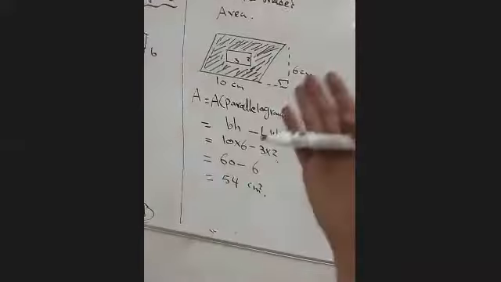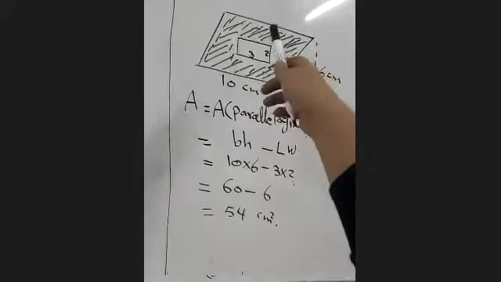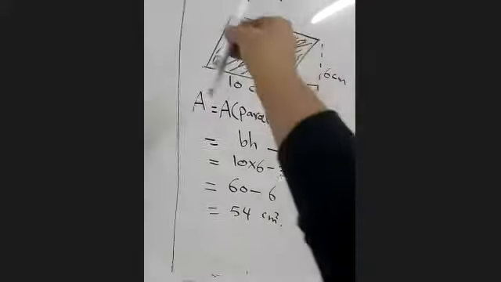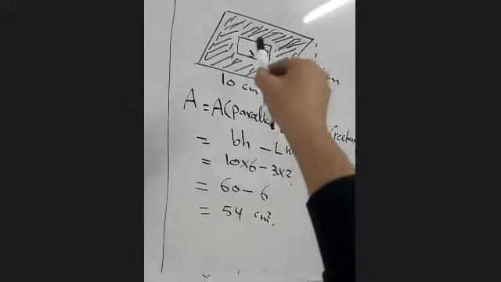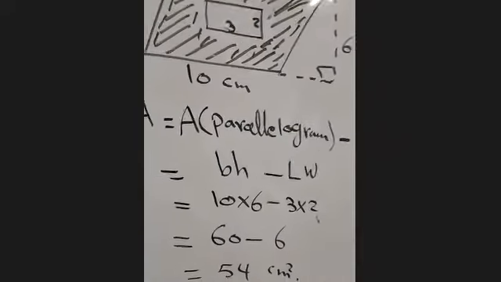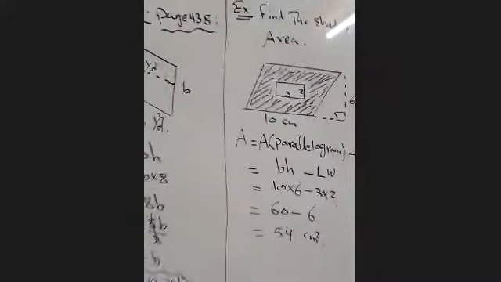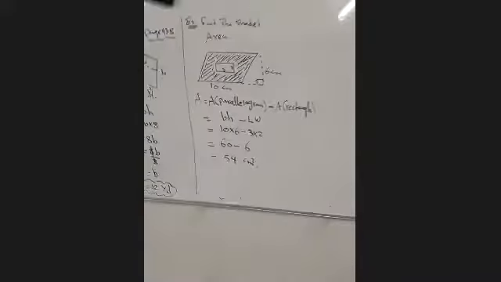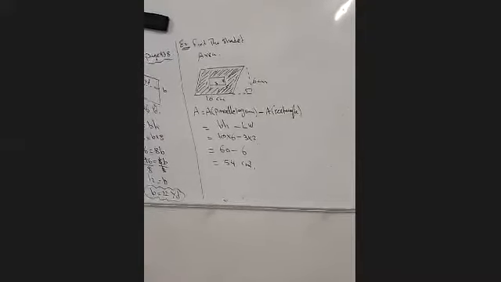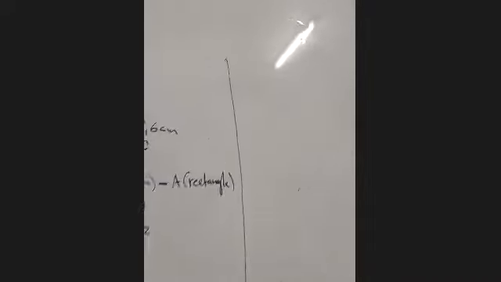So if we have two figures inside each other and I want the surrounding area, I will find the whole area minus the area of the inside one. See? So the 54 centimeters squared is the shaded area around it. This is the idea of the apply question. Now let's go to the apply question here and do it together. We have the apply question, page 439.